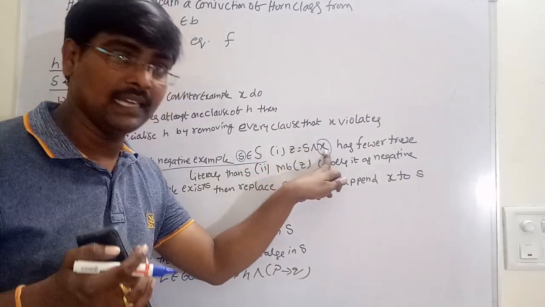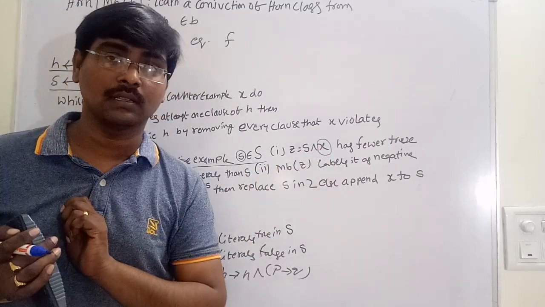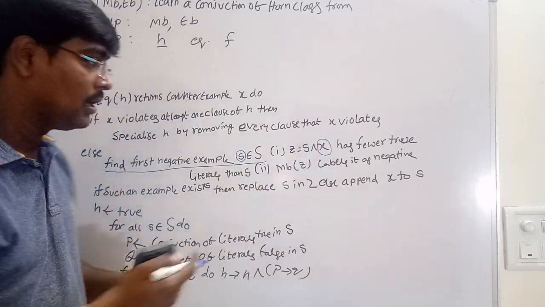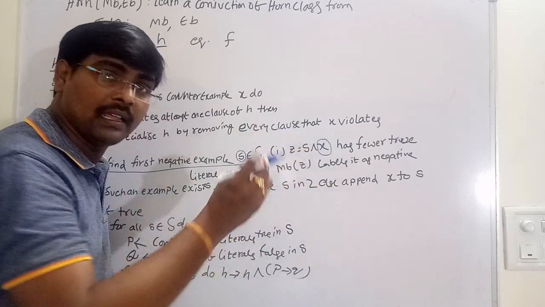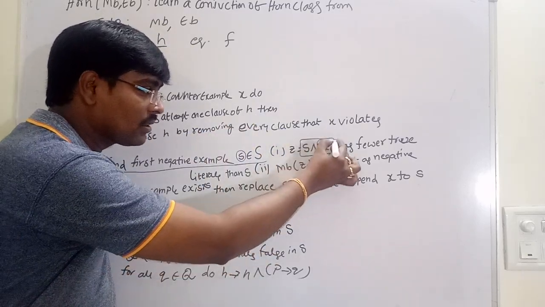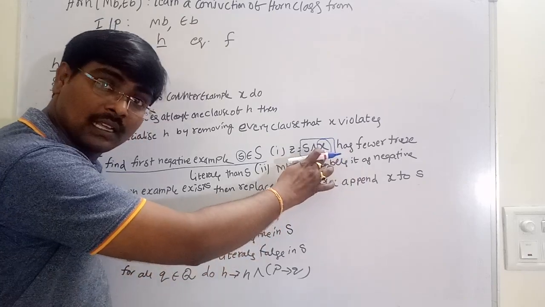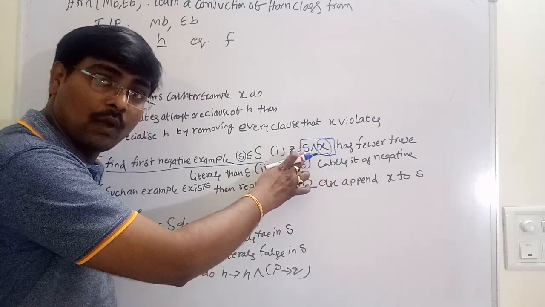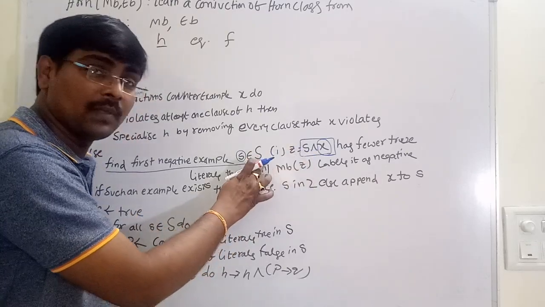Here this X is the negative example you are passing. To add this X to your set, before directly adding X to the set, X is conjuncted with, that is intersected with, any one of the negative examples from the given set.